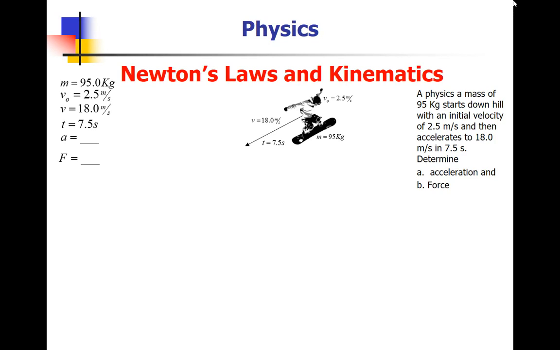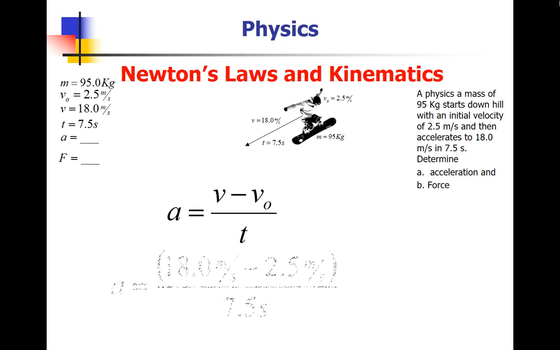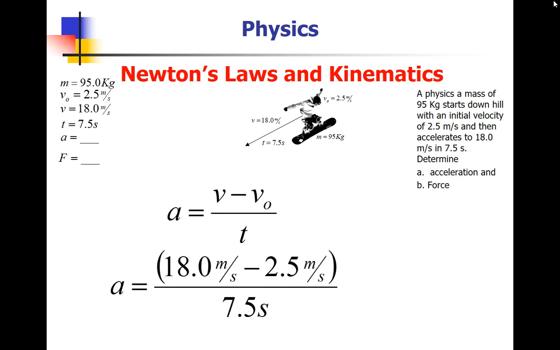So the acceleration equation is a equals (v minus v naught) over t. Don't have to do any algebra, and parentheses are important. Plug and chug, go. What is the acceleration of our student? Indeed, 2.07 meters per second squared.